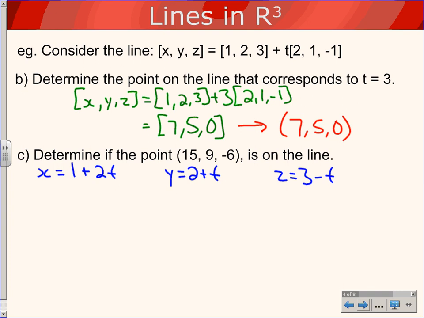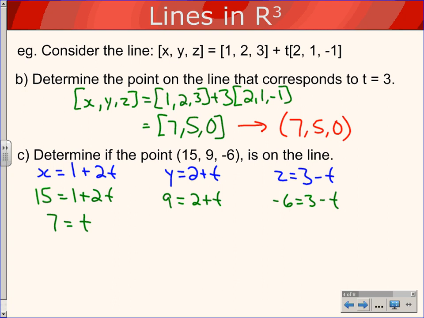So what we do is we sub in the appropriate values, 15 here, 9 here, and minus 6 here. And we have to solve all 3 of these for t, and what you're hoping for is that you're going to get the same value each time. So I get 7 equals t for this one. If t is 7, then you're going to get an x value of 15.